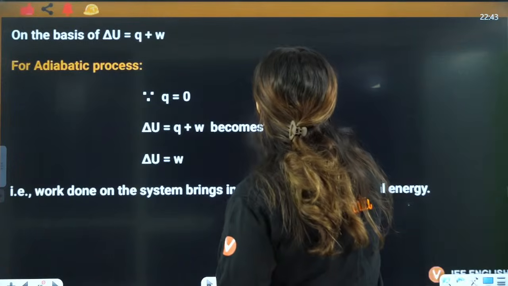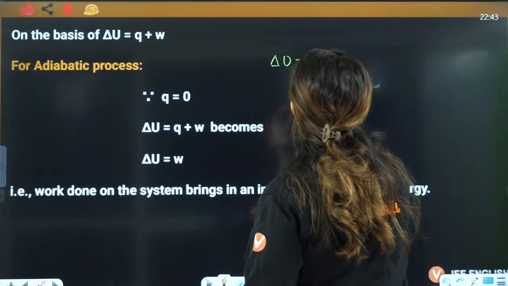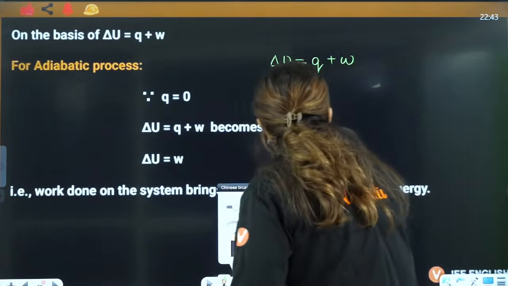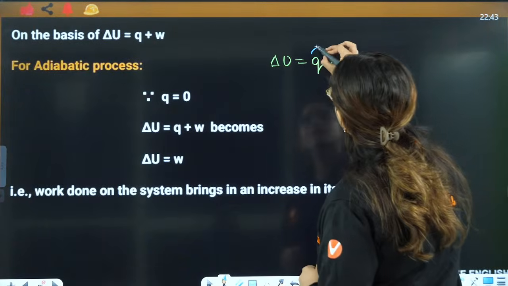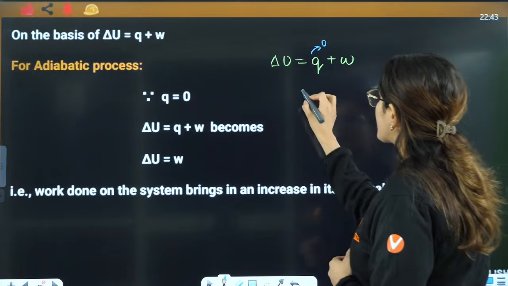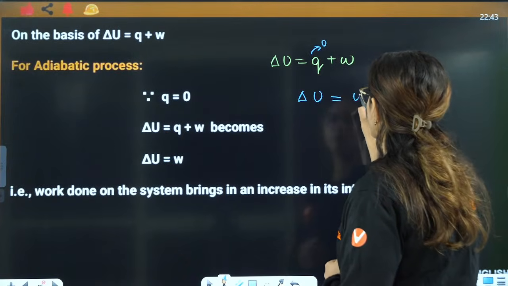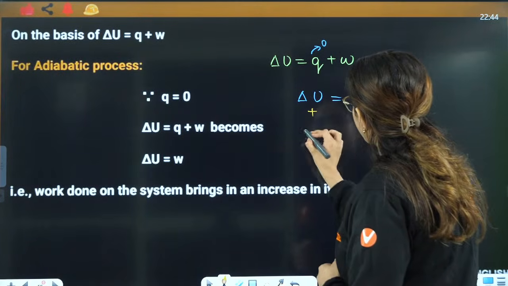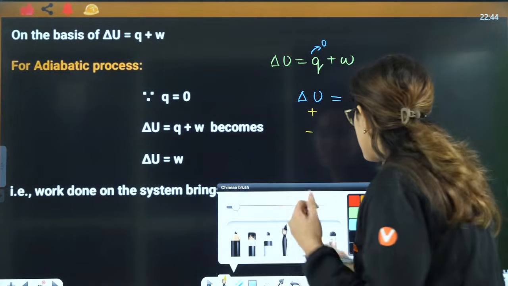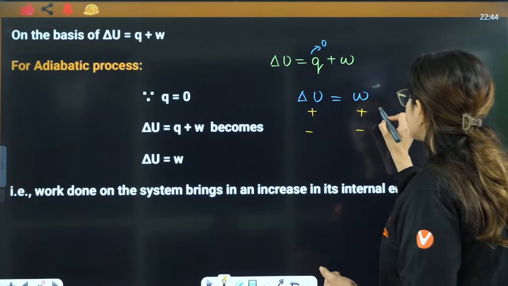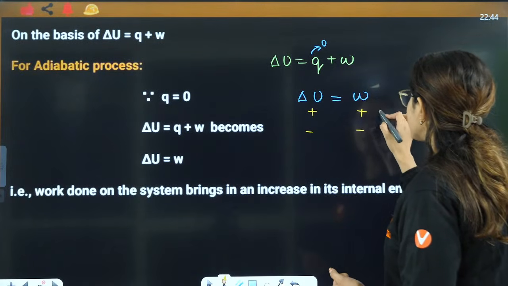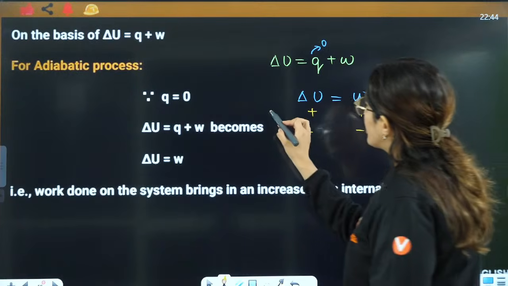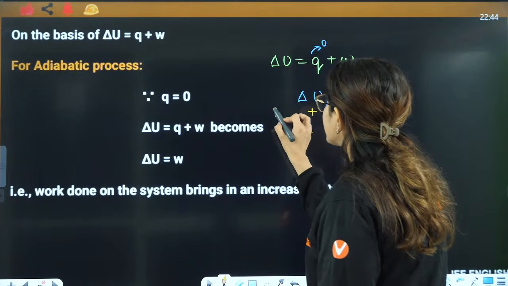If you see in the adiabatic process, delta U is equal to Q plus W. Now I can say that here Q is equal to 0 for an adiabatic process. That means delta U is equal to W. That means if this is positive, this is also positive. If this is negative, this is also negative. So can I say work is done on the system whenever internal energy is increasing?